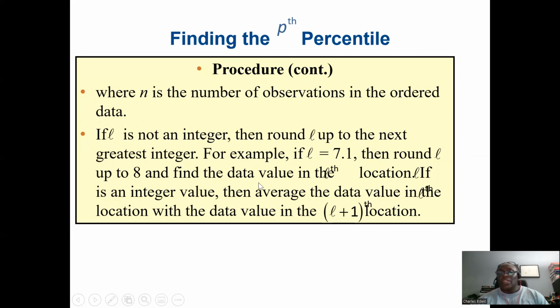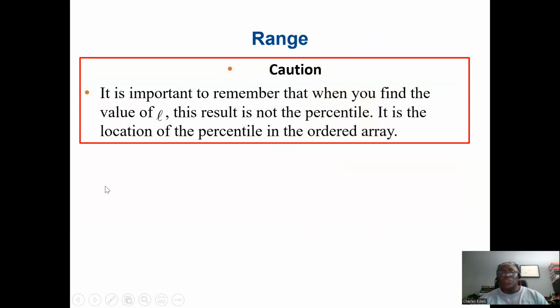Then we find the data value at that L location. Now, if L is an integer value, then we need to average the data value in the L location with the data value in the L+1 location. So this means we take the 2 middle values and find the average of them. Let's see an example in the next slide.